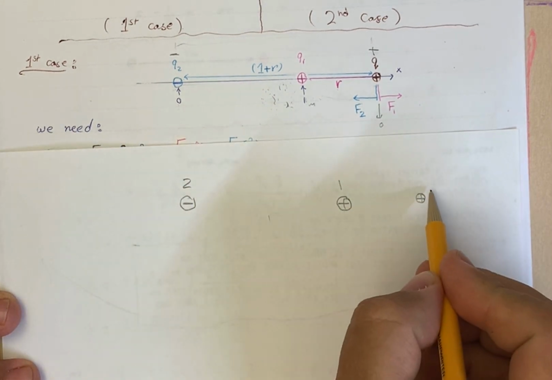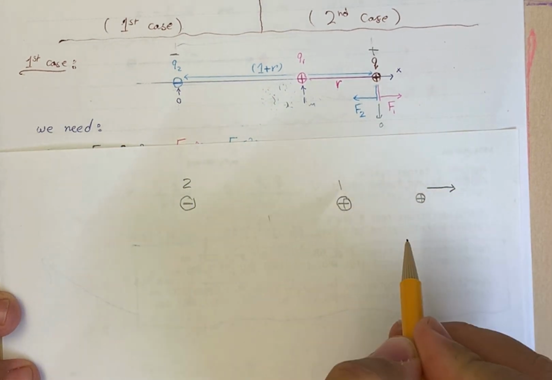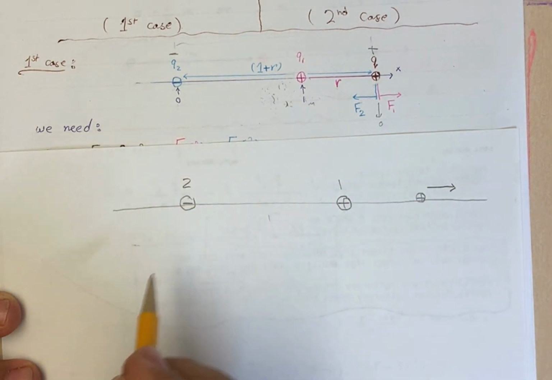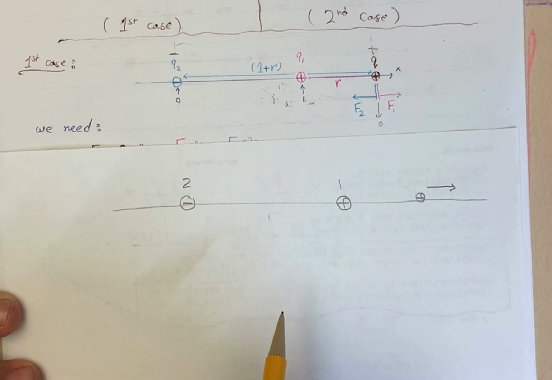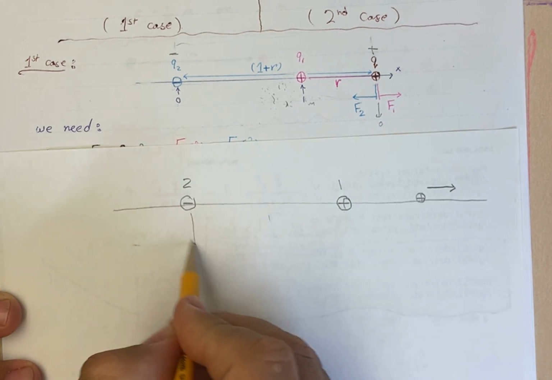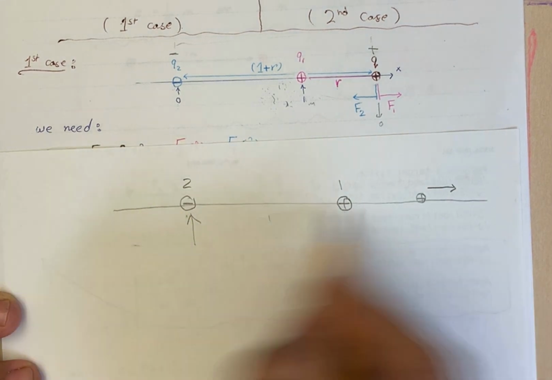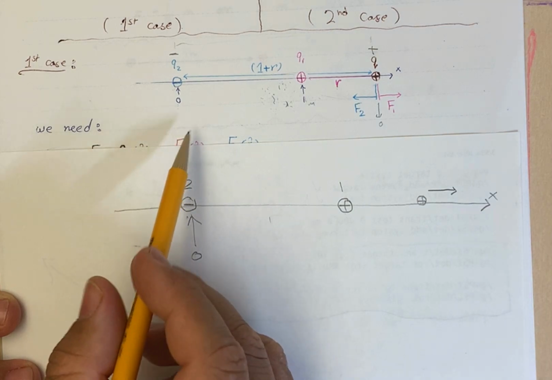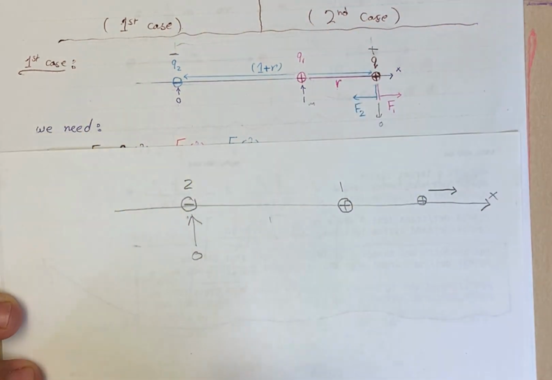From the first charge, we have a repulsive force to the right. Again, in every problem, we need to consider our coordinate system and the origin. Let us consider the x-axis as our coordinate system and the origin at the second charge. This is what I did in solving this example.